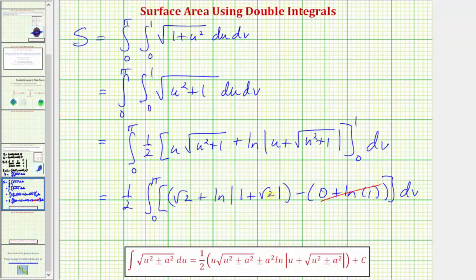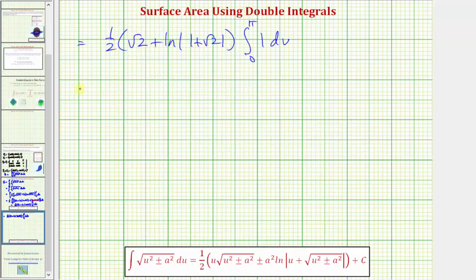Notice how all this is just a constant, so let's write this as 1/2 times the quantity square root 2 plus natural log absolute value of 1 plus square root 2, all of this times the integral from 0 to pi of dv, or if we want, 1 dv. And now we integrate with respect to v.